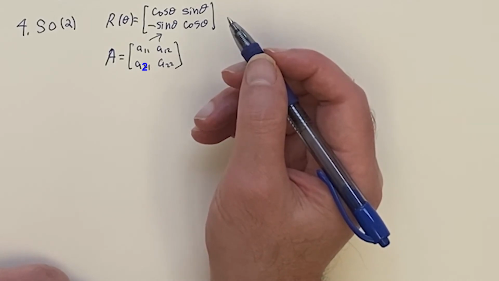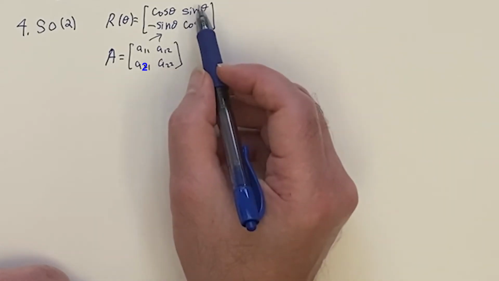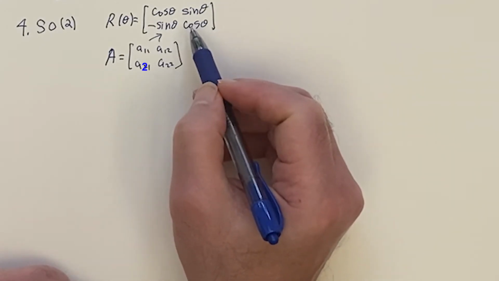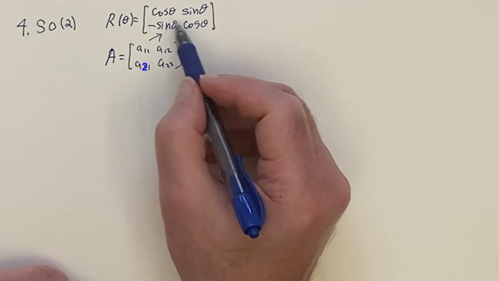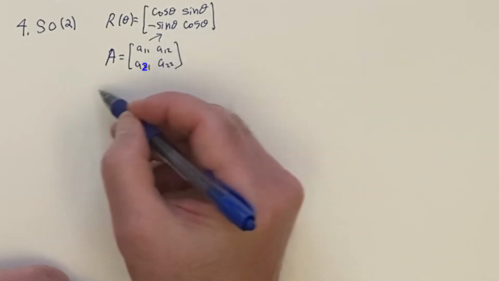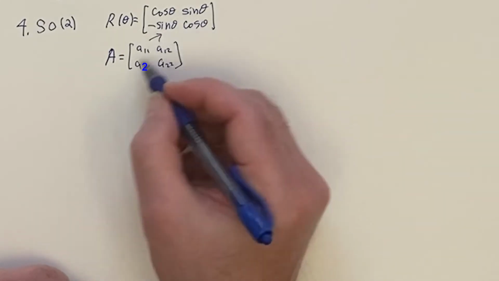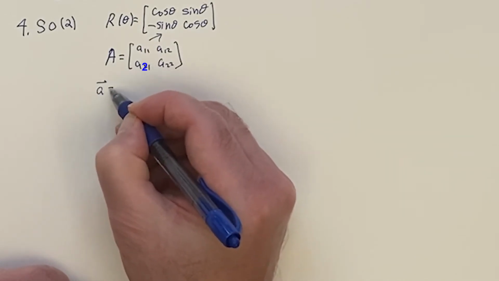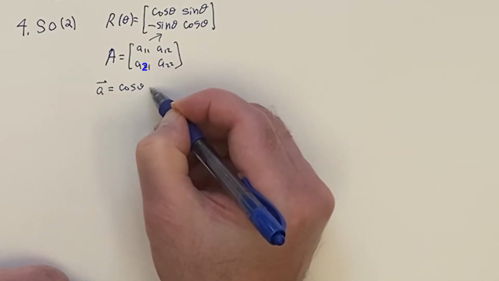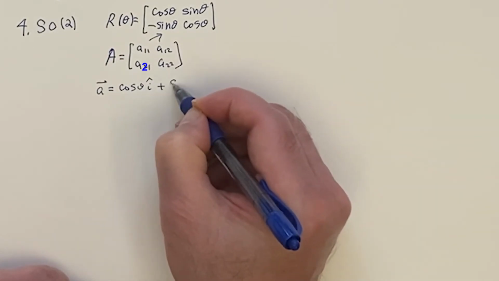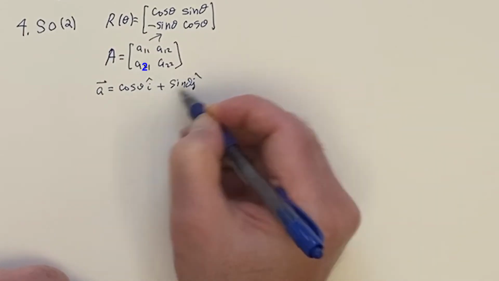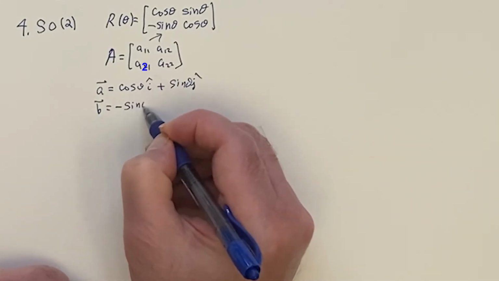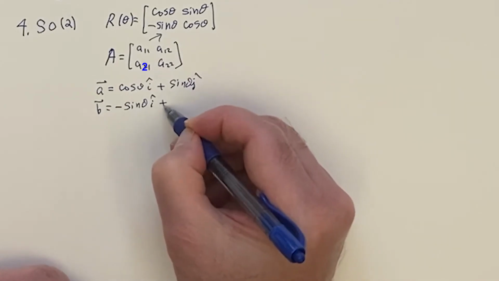If you were to think of these as two vectors, here's a vector and there's a vector, then if you did the dot product, you would get 0. In other words, if you had a vector A, which was cosine of theta i hat plus sine of theta j hat, and then the B vector was minus sine theta i hat plus cosine of theta j hat, just making vectors out of these.